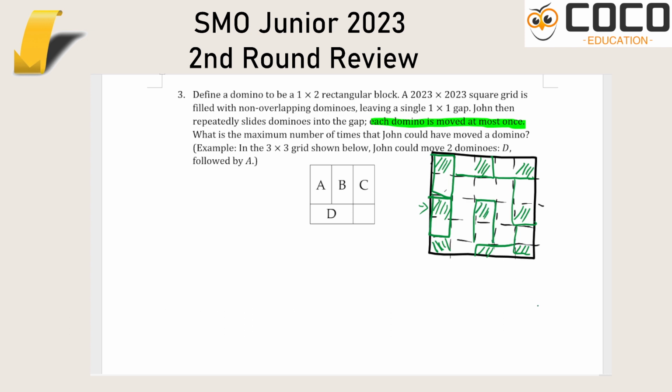And then, actually, that's it, isn't it? So, you can't actually do better than this for the strategy that I just described, because at this point, you can't put in a domino that is ready to slide into that position. So this would mean that we have moved 1, 2, 3, 4, 5, 6, 7, 8 dominoes.